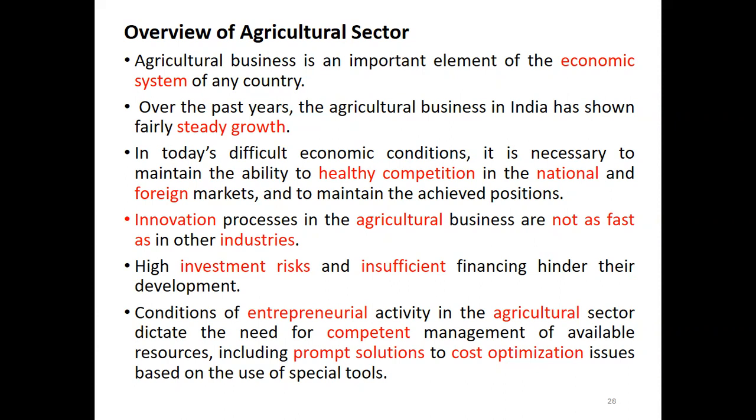If you see the other industries, the contribution of each and every sector to the total GDP is at least 10 to 12%. But agriculture is the sector where large engagement is there, but the contribution to the total economy is only 3 to 4%.